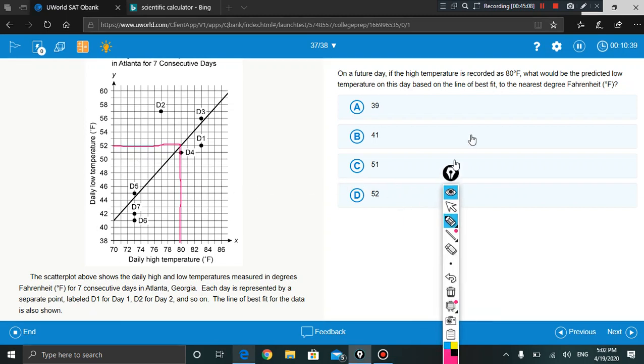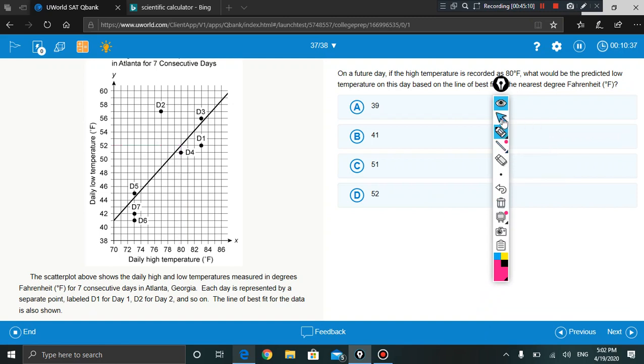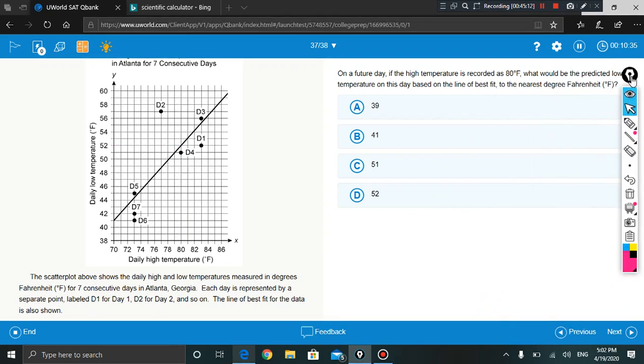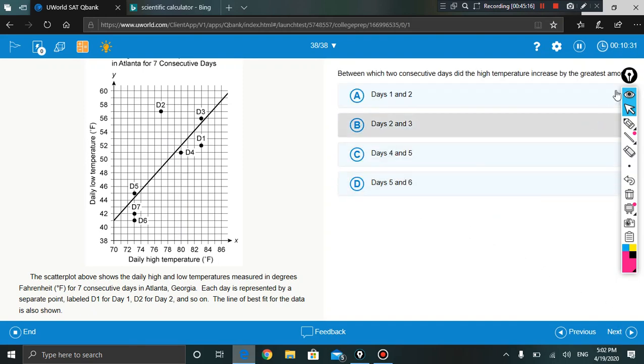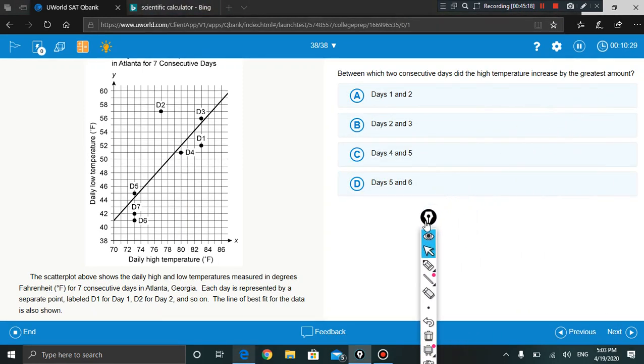So let's go ahead. Answer is D. The final question: between which two consecutive days did the high temperature increase by the greatest amount? Consecutive days, be careful, okay? So 1, 2, 3, and so forth.